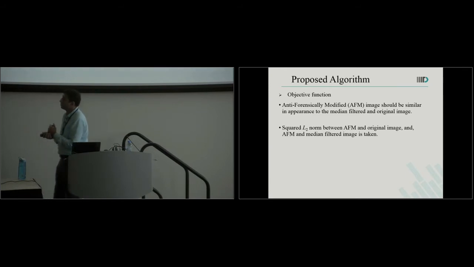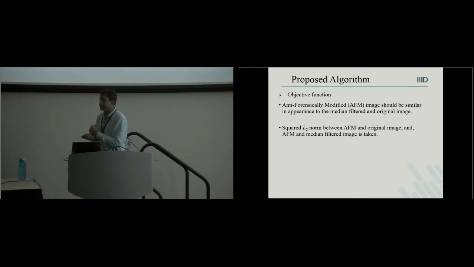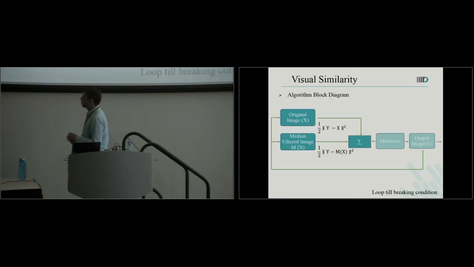Coming to the first term, which takes care of the visual similarity: it is between the output image and the input image, and between the output image and the median filtered image. We can use any good distance metric. We are using a squared L2 norm for this purpose. So here is what it is.